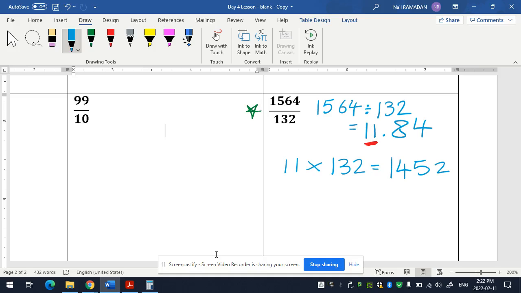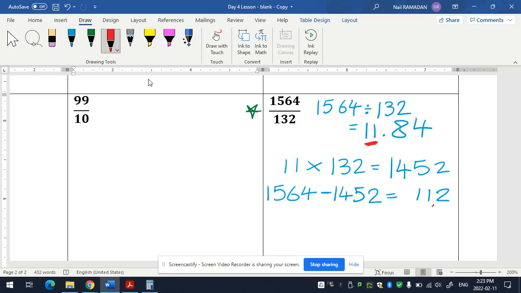This is how much money you had in the past. This is how much money you gave away. So the money you get to keep is 1,564 take away the 1,452. Now, how much is that? That's 112. That's how much you get to keep.